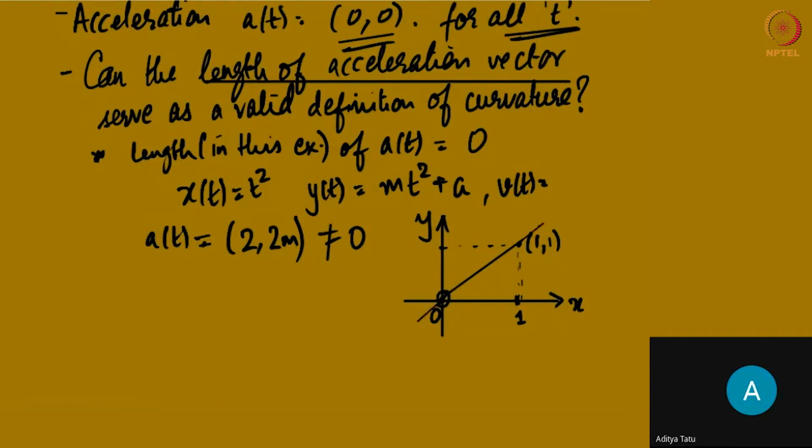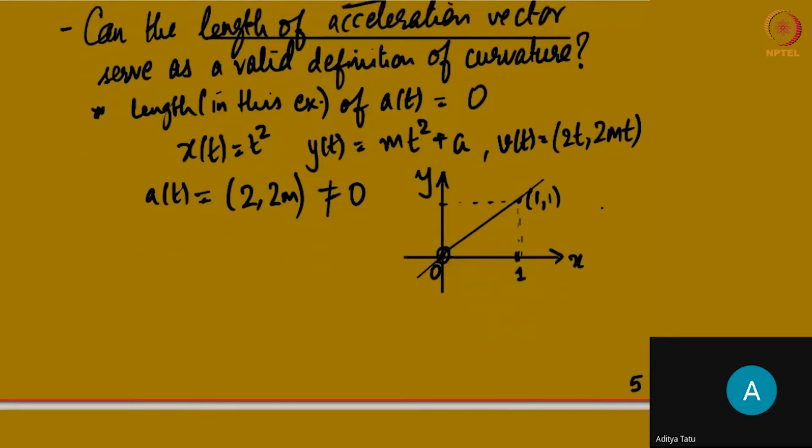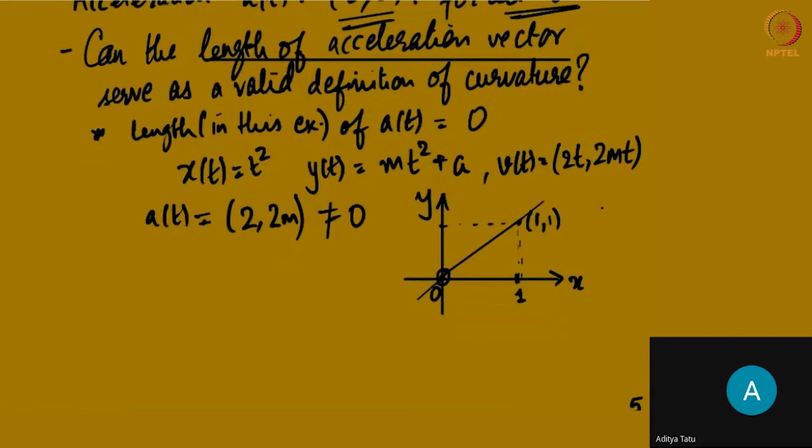Okay. So since it's a straight line, again appealing to our intuition, we want that whatever equation we come up for curvature, it should give you a 0. So why is this happening? Your velocity here is (2t, 2mt). Now, if you recall, this is possibly done much earlier in school, velocity, acceleration, and so on.